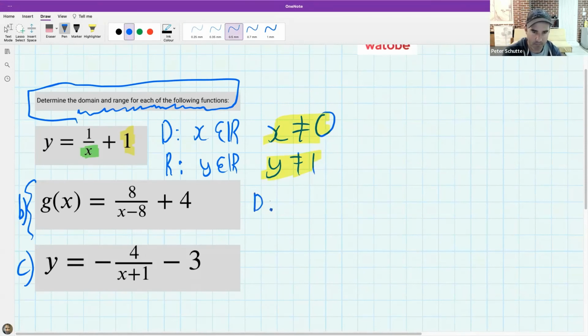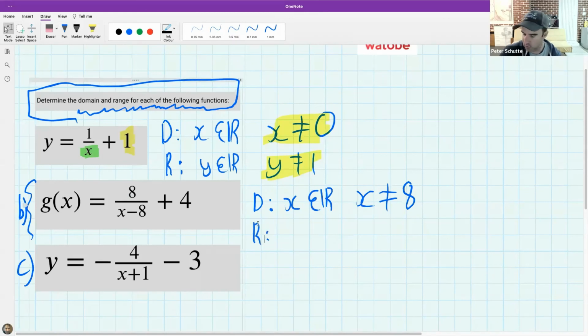For the domain of the hyperbola, the domain can be any x value, except it cannot be the x value of the asymptote. So I want to ask you, what is the asymptote of the function g? Yes. So x cannot be equal to 8 would be the domain.